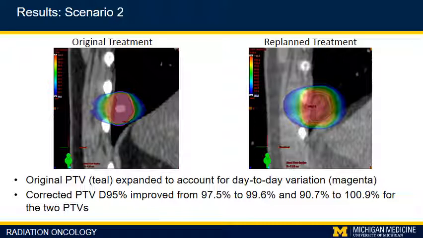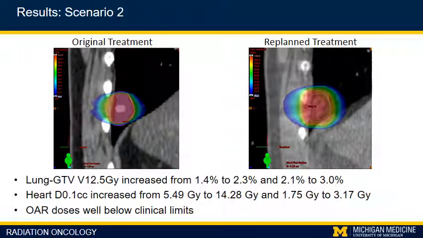The corrected PTV D95% improved from 97.5% and 90.7% in the original treatment plans to 99.6% and 100.9% in the replanned treatments for the two PTVs. This improvement in PTV coverage came at the cost of increased lung minus GTV V12.5 Gy and heart D0.1cc. Note that although these OAR doses did increase, they did result in doses well below the clinical limits.